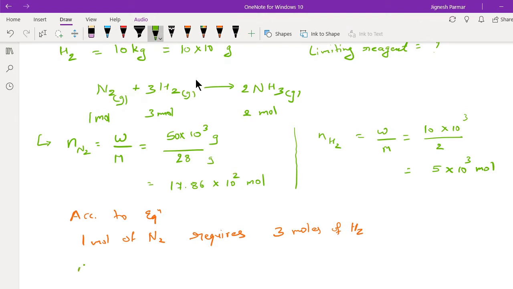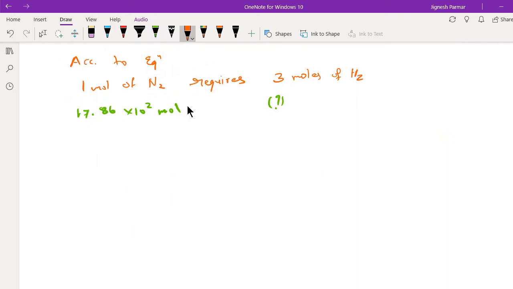So it's a unitary method. 17.86 into 10 to the power 3 mole requires how many moles of hydrogen? Using the unitary method, the answer will be 17.86 multiplied by 3 moles of hydrogen, which is something like 5.36 into 10 to the power 3. Okay, this is the moles of hydrogen.